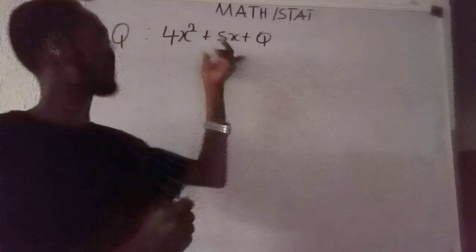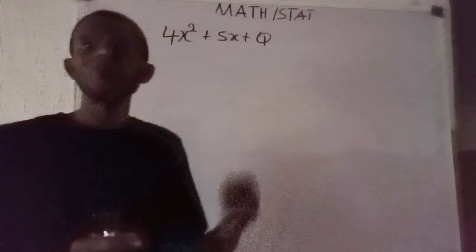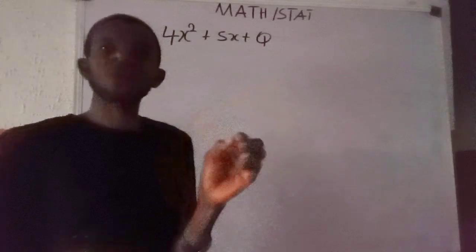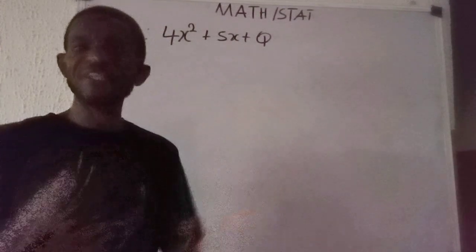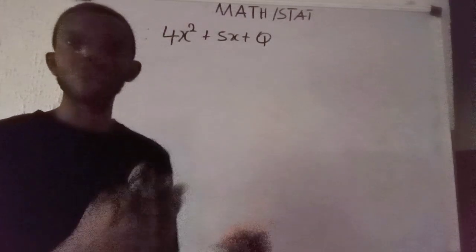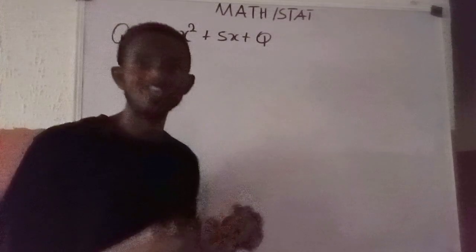And because it's a quadratic expression, the first thing you need to do is to recall what we call the quadratic expression or the quadratic equation. The general quadratic expression is written like this.